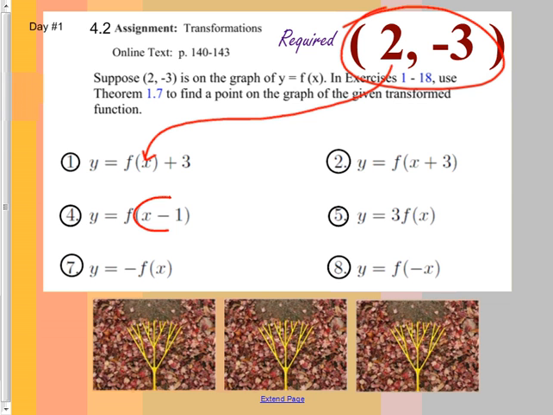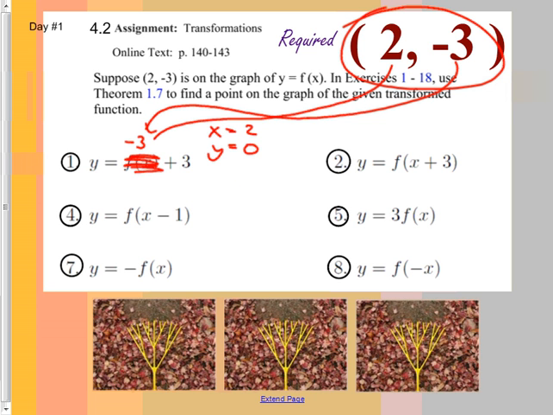We're more used to it when they're like this, when we would say this was 2. We'd have to solve a little equation. On this one, it's just as simple as x is this part, and there's nothing to do to it. X is 2. There we go. Now we have to figure out what y is. And y is f of x. F of x, this whole thing, that is f of x, and it's y, which is negative 3, coming from right here. So the negative 3 plus 3 makes 0. So 2 comma 0 is the first point.